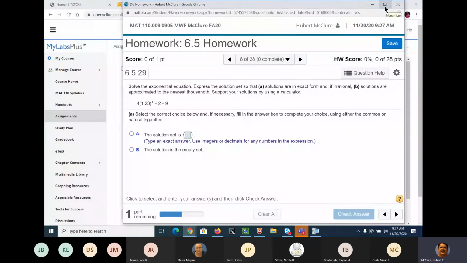Okay, here's one. Solve the exponential. This is what I was looking for because I've already showed you 2 logarithms. Now I'm going to show you how to solve this one. This is an exponential. So 4 times 1.23 to the x plus 2 is equal to 9.